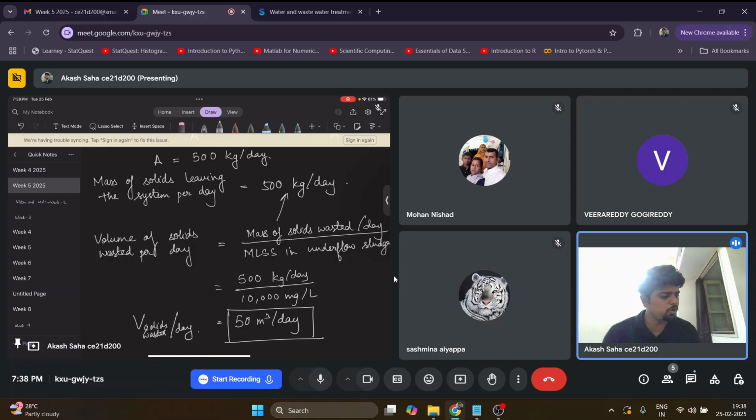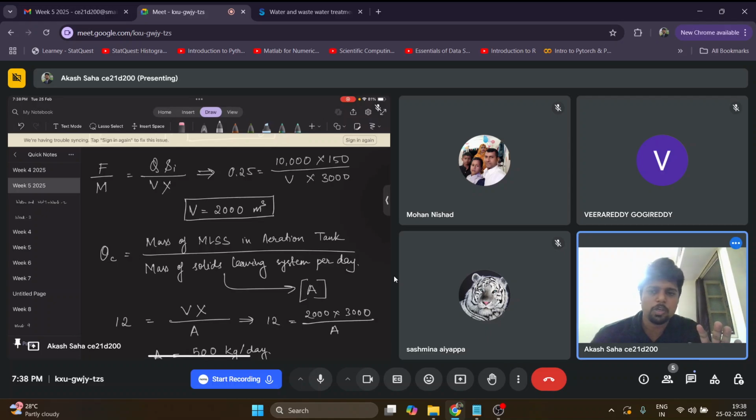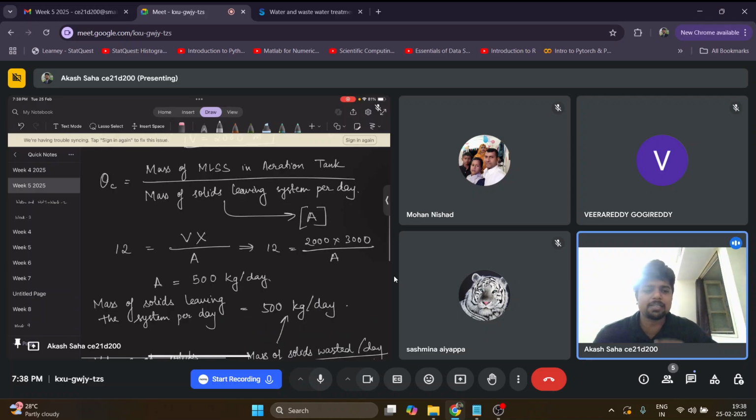You can have one more look. First we use the F by M ratio. We know F by M ratio is QS by VX. From that we calculate the volume of the aeration tank. Next we related this to the sludge retention, that is the mass of biomass or MLSS in the aeration tank, which is V into X, and the mass of solids leaving the system per day.